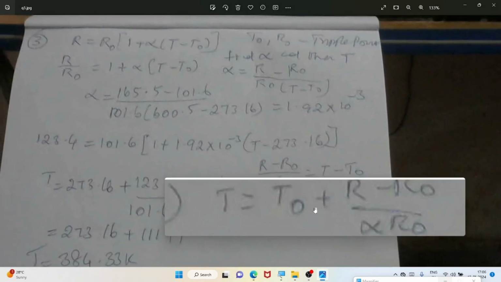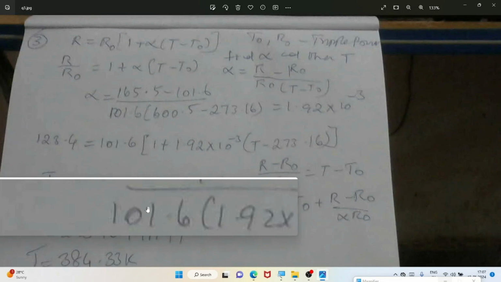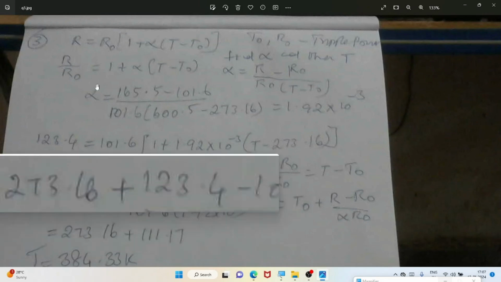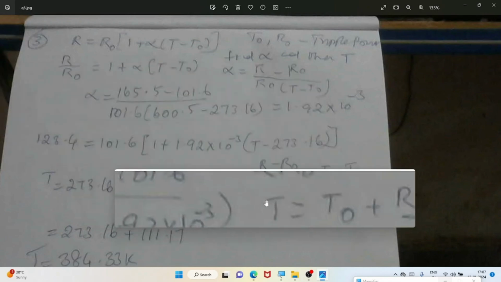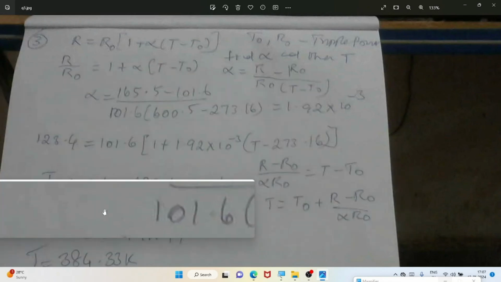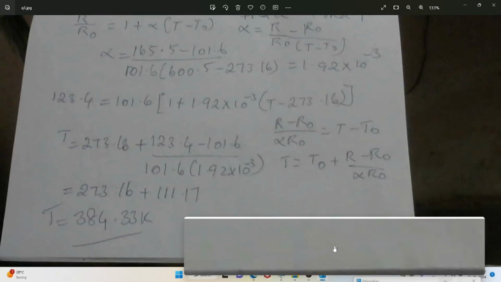So using this, we are first finding the alpha. So this side you are bringing, then substituting the given value 165, you find the alpha. Then using the alpha you find the temperature.